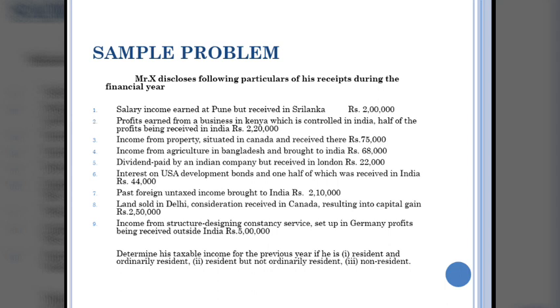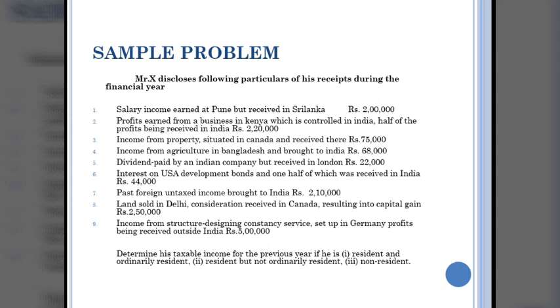Consideration is received in Canada, it is not a problem, resulting into the capital gain. This is the income which is earned in India only because the land is in Delhi, so it is taxable to all. Then income from structure designing consultancy service set up in Germany, profits being received outside India. This is income from Germany that is outside India, so it is taxable only to the residents.